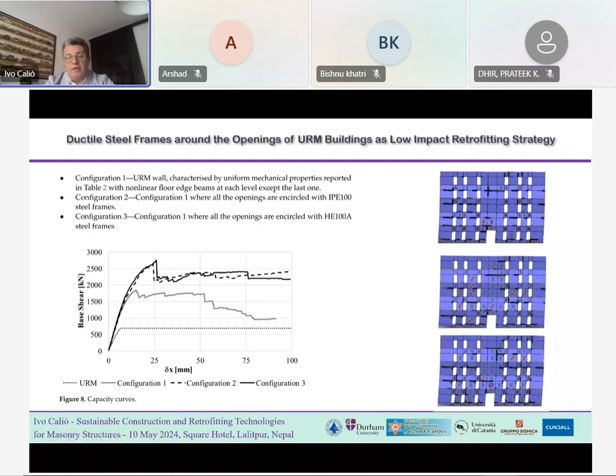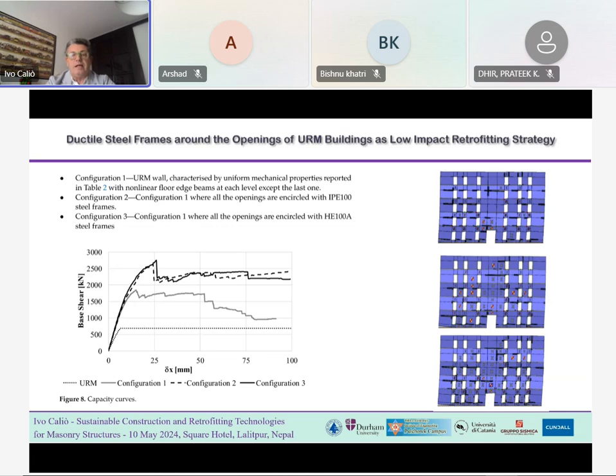floor beams are considered. The first curve is relative to the wall without any retrofitting solution, so just the unreinforced masonry wall without floor beams.